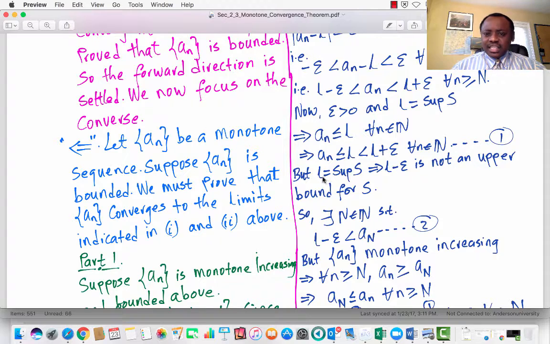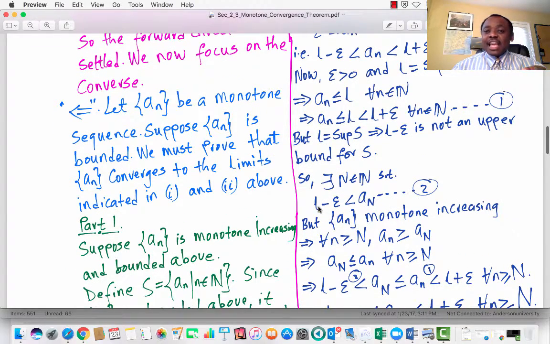Also, since L is the supremum of S and epsilon is greater than 0, L minus epsilon cannot be an upper bound for S. But what does that mean? It means there is a natural number which we call uppercase N such that L minus epsilon is less than a uppercase N, and call this inequality 2.